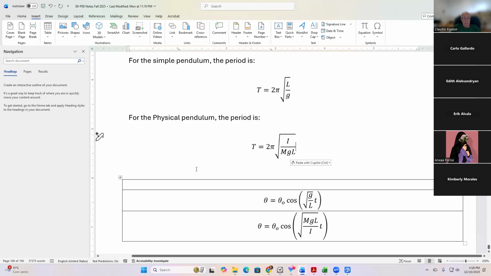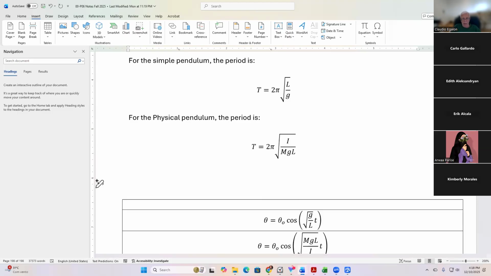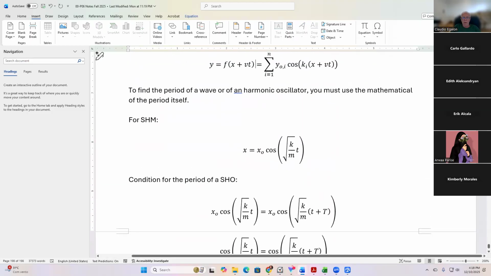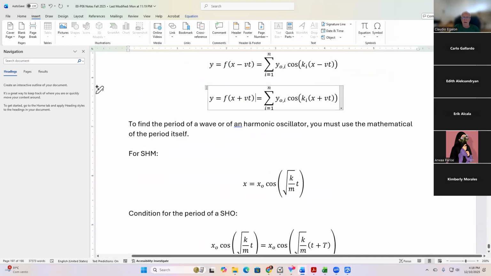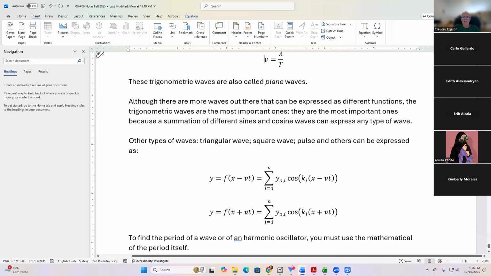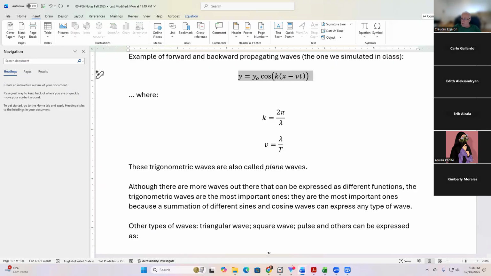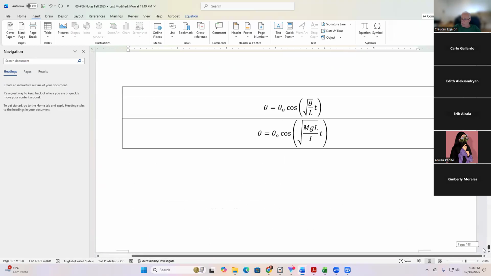Now that you know how to find the period of an oscillator, it's straightforward to find it for a wave. I'm going to use the simpler equation here.